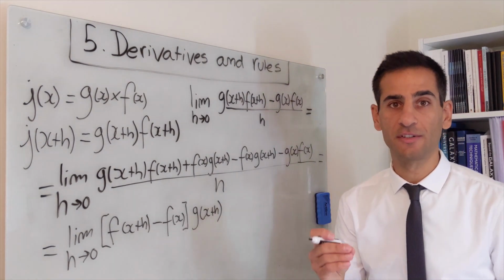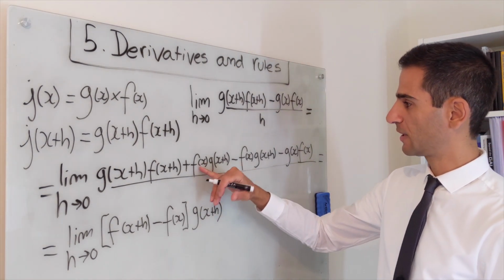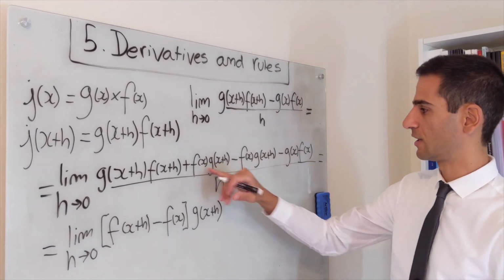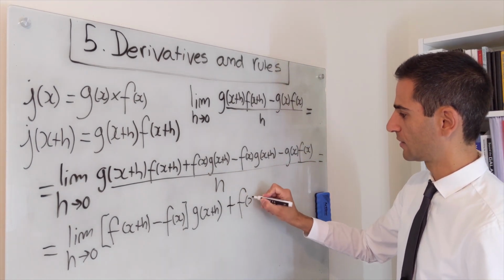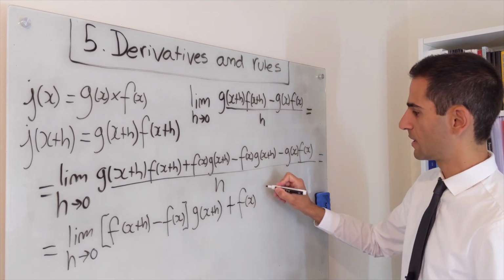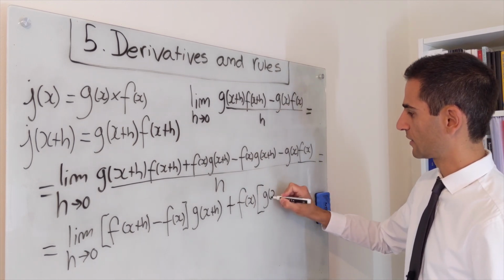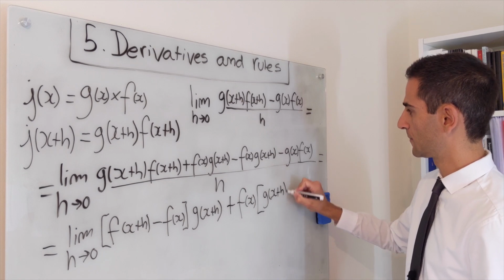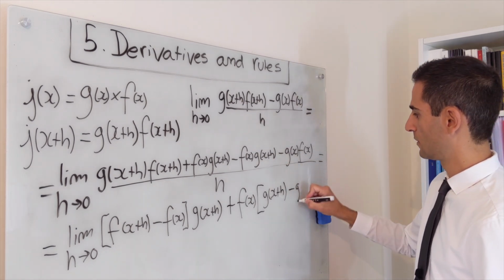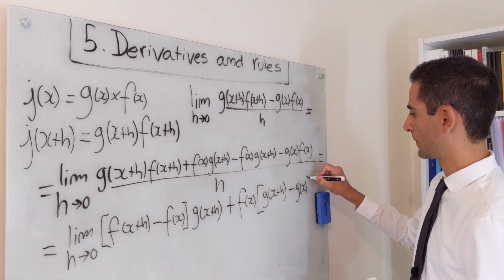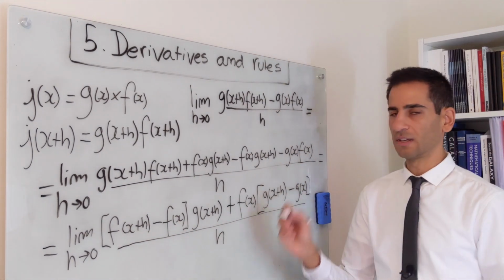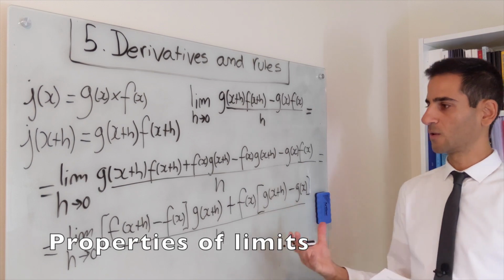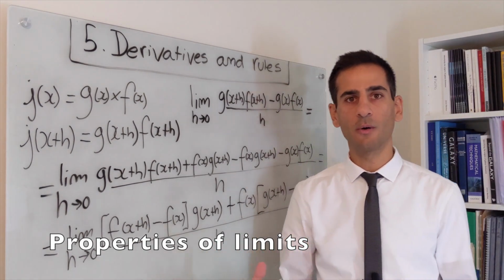And we can do something very similar to terms being affected by f of x on both sides. This means we can write f of x multiplied by g of x plus h minus g of x divided by h. And we can see why this is so crucial, and we're almost there.